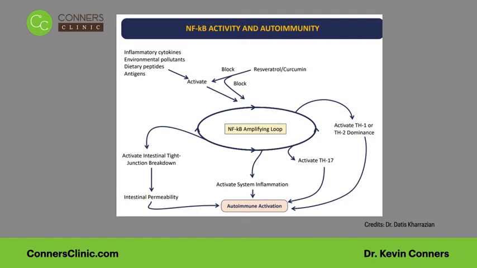It's going to stimulate either Th1 or Th2 dominance, depending on the person. It's going to stimulate my Th17 system, which is hyperinflammatory. It's going to be activating systemic inflammation.